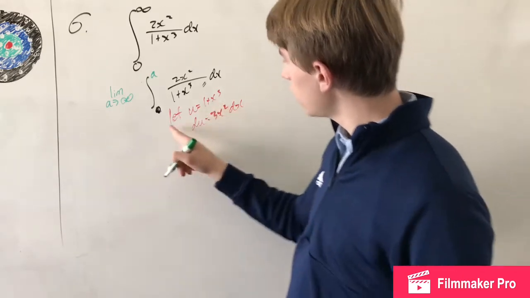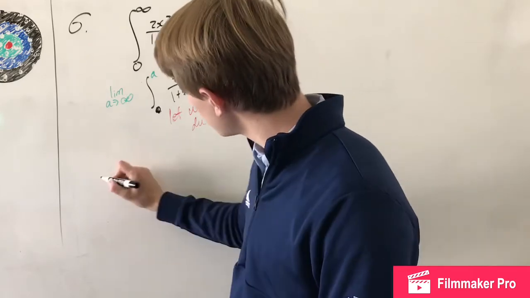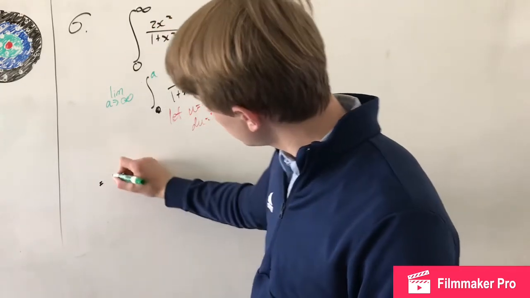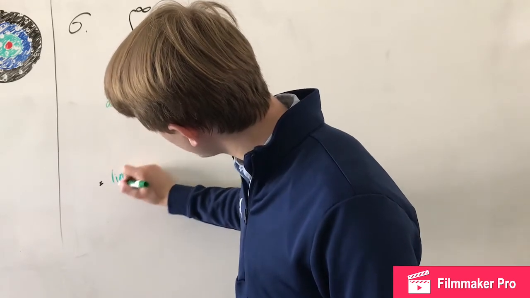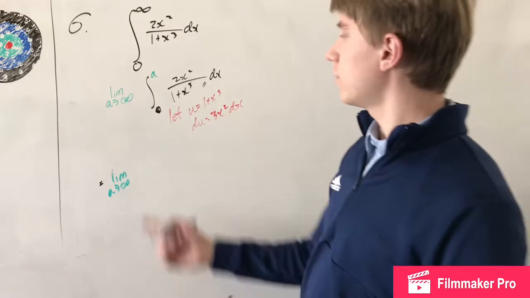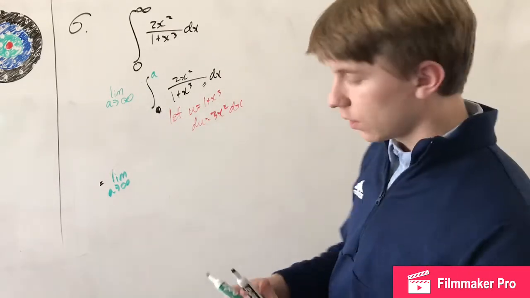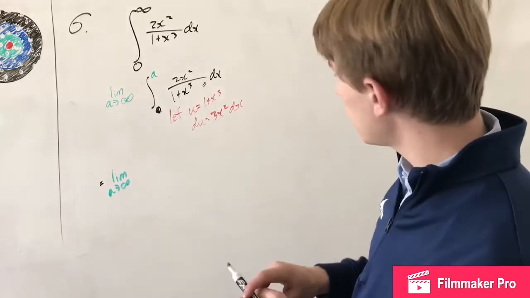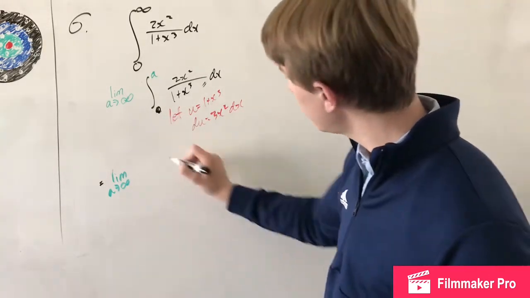So notice this also changes our bounds. I don't know why my markers are all bad. It does not change the infinite bound, like infinity cubed plus 1 is still infinity, so I'm just not going to touch that. But it does change the lower bound because 0 cubed plus 1 is 1.